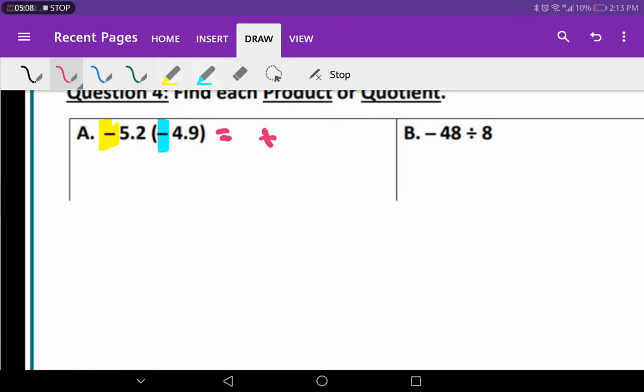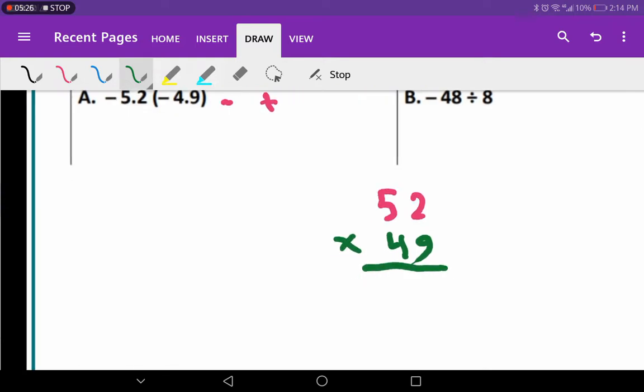Now the second problem that you face, how to multiply decimal by decimal. It is easy. We multiply it as 52 multiplied by 49. So I ignore the decimal for a while because I have my technique. Now how to multiply it? Let's go. 9 by 2 equal 18. 9 by 5, 45, plus 1, 46.